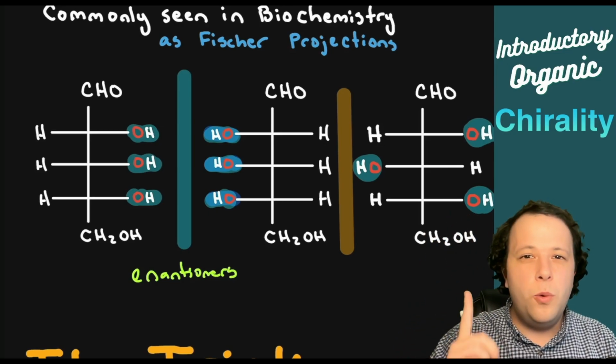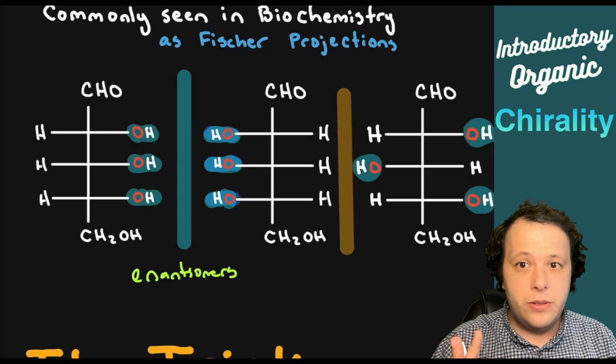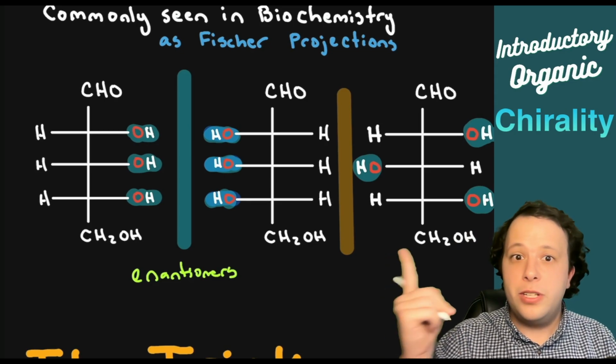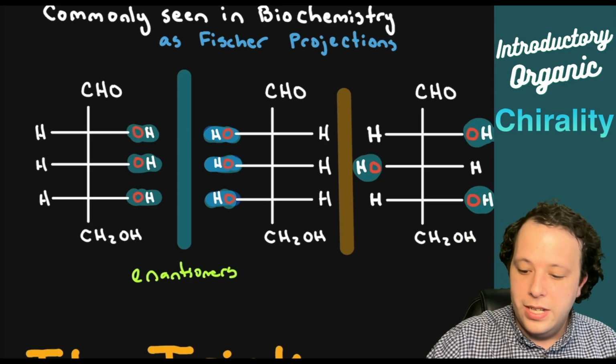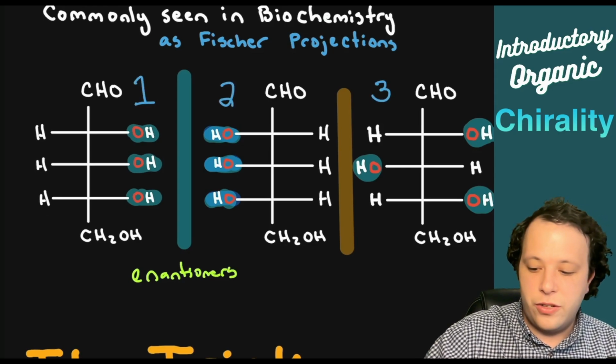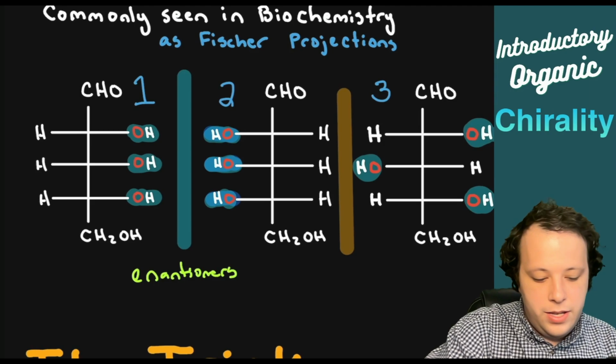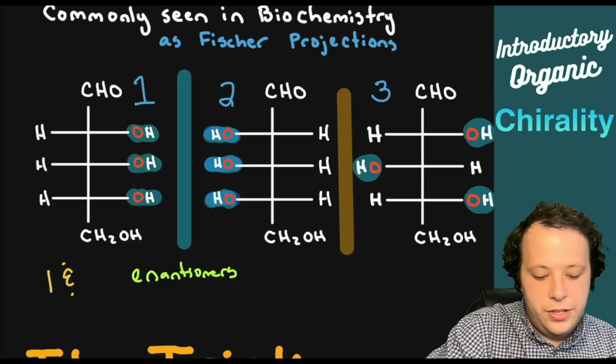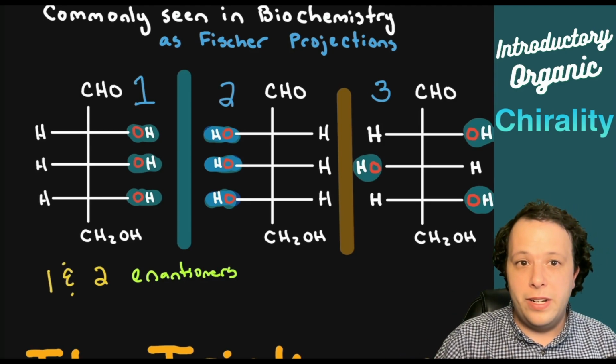Now, what is this a diastereomer in reference to? Well, it's a diastereomer to both of the other structures. So let's say I label these structure 1, structure 2, structure 3. So 1 and 2 are enantiomers of one another. Now, what are diastereomers?